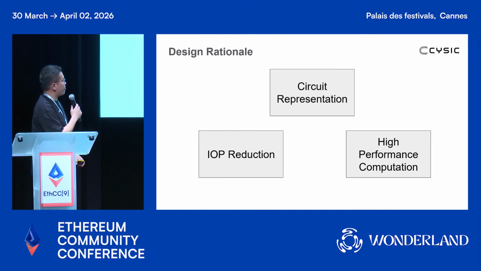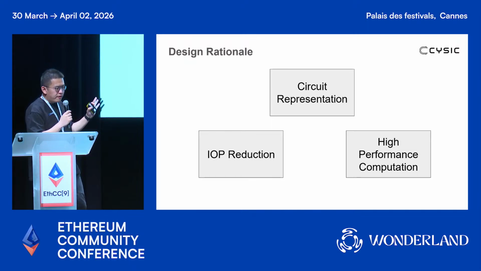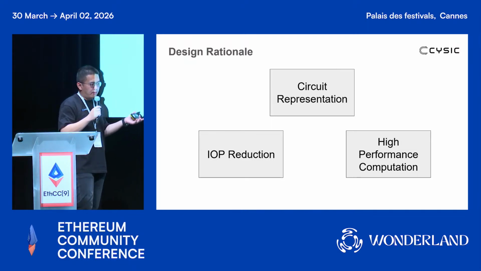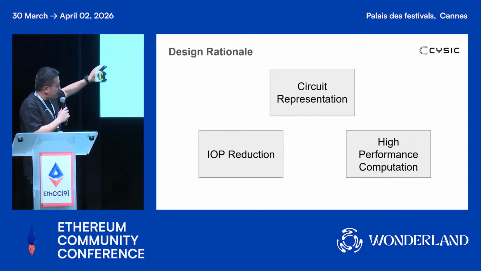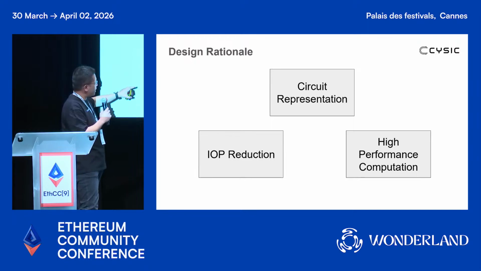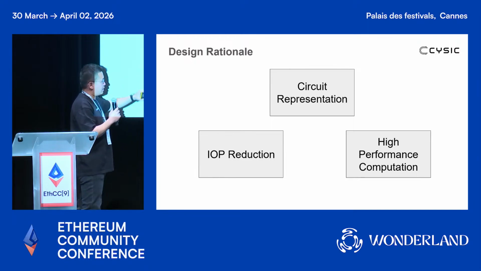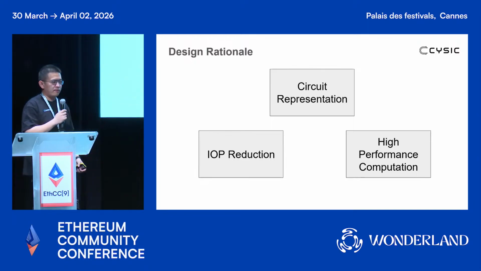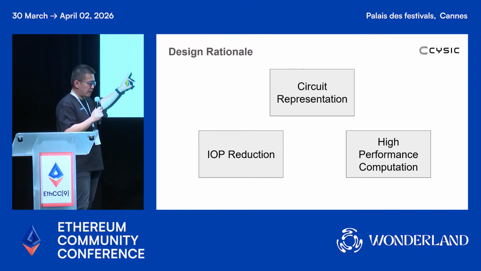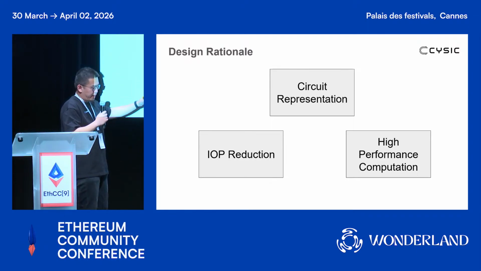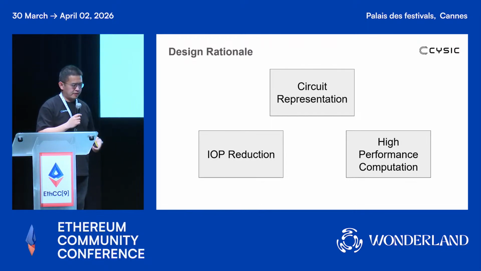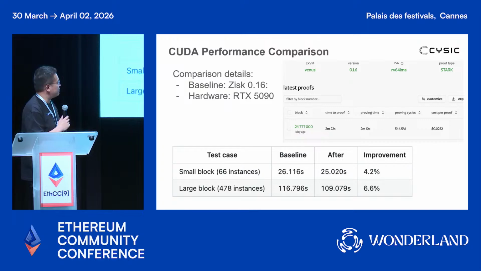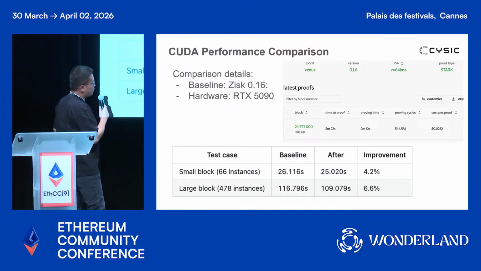Previously, I would say Plonky or Circom, Plonky2, separated the circuit representation from the ILP reduction and high performance computation. But in our approach, we separate all 3 things, so each part just cares about its own job and doesn't need to interact too much with the others.